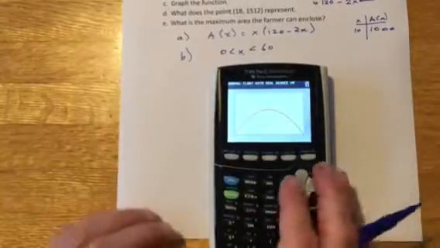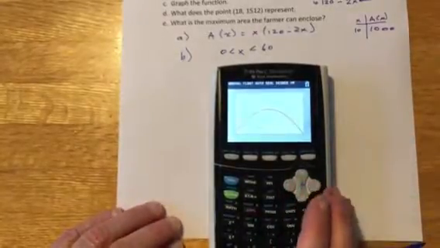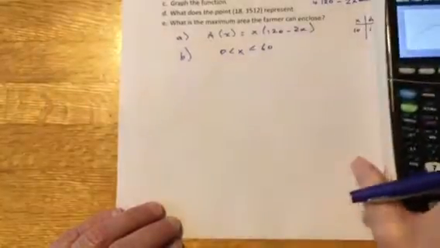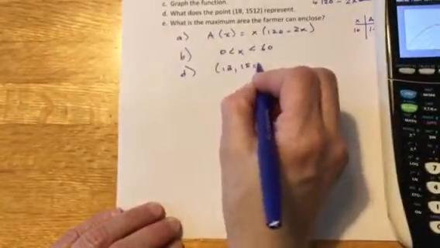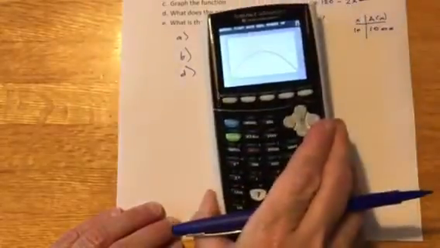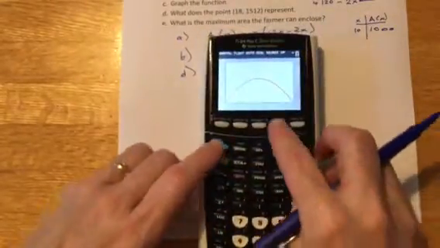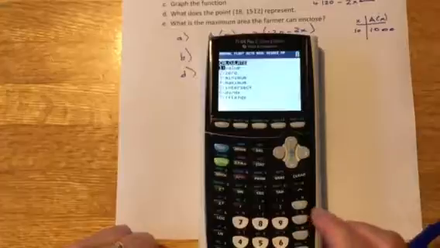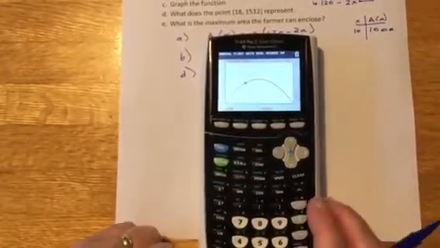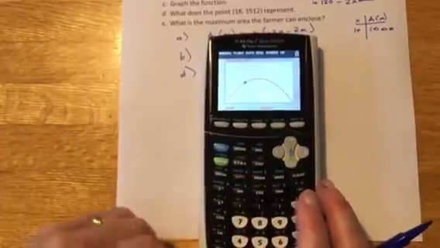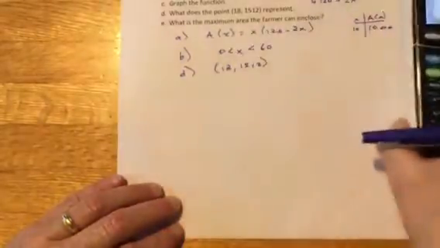Then part D says what does the point (18, 1512) represent? So again, you can find that on your calculator. Remember, that's just calculating the value. So plug in 18. Apparently, we get 1512 out. So what does that mean? Well, remember, input is x.